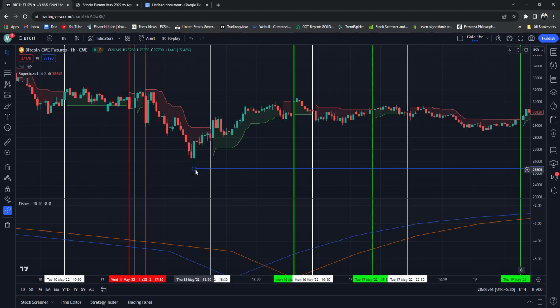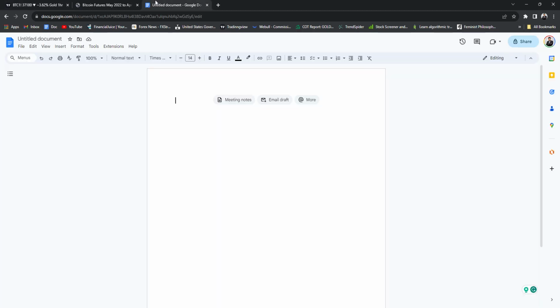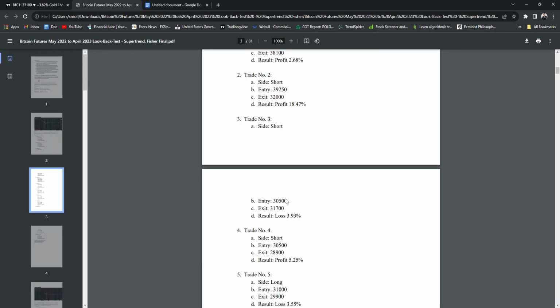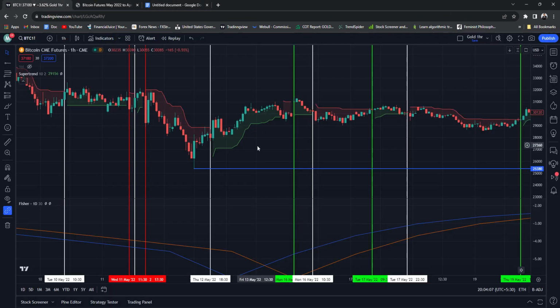But again, we should not take to heart that we lost a couple of $2,500 on a $30,000, which is like 8% extra. We are already making 5%, 5.25%, but an extra 8% is big. But we have to look at the bigger picture, the long term view of the market.